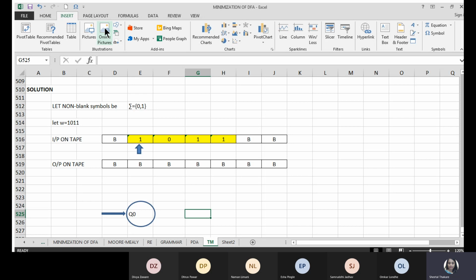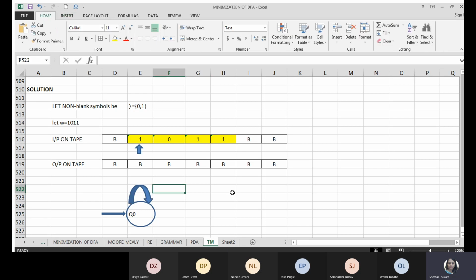In Q0 itself, if it's a non-blank symbol, you will stay in Q0 after performing the action. How many non-blank symbols are there? 0 and 1. So what action you are supposed to do for 0? If it is 0, erase it, move to right. Another non-blank is 1. If it is 1, erase it, move to right. So there are only two non-blank symbols. For both of them, the action is the same and you stay in Q0.